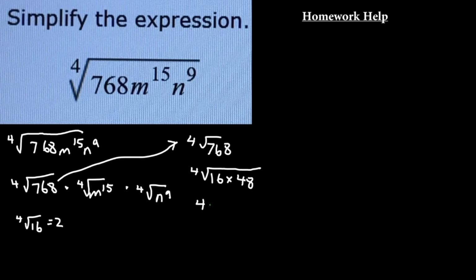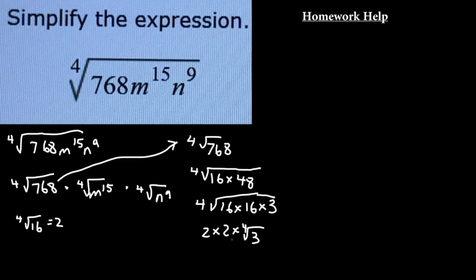So now you have 16 times 16 times 3. When you break this down, the 4th root of 16 gives you a nice number 2, and you have that twice. So 2 times 2 times the 4th root of 3.